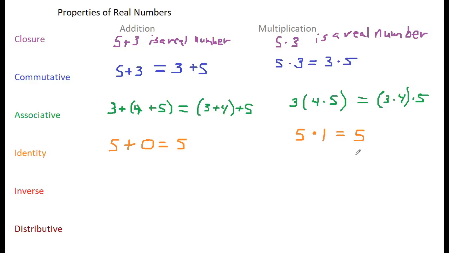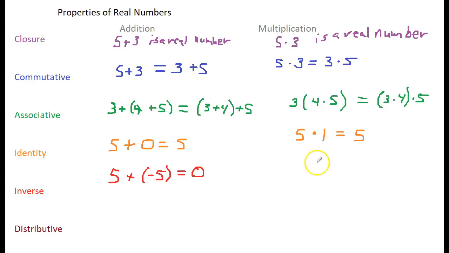Our next property is the inverse property. Any number plus its inverse will give you the identity element for addition, which is 0. So if I were to take 5, its inverse is -5. 5 plus -5 adds to 0, which is the identity element for addition.